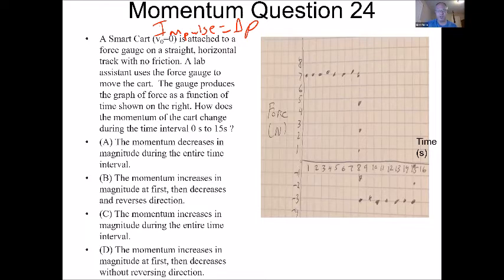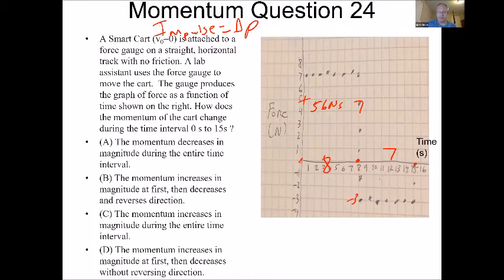Between 0 and 8 seconds, we've got a rectangle with a width of 8 and a height of 7. So the area in here is plus 56 newton seconds. Now from 8 to 15, we've got 1, 2, 3, 4, 5, 6, 7 seconds, so a width of 7, and a height here of negative 3.